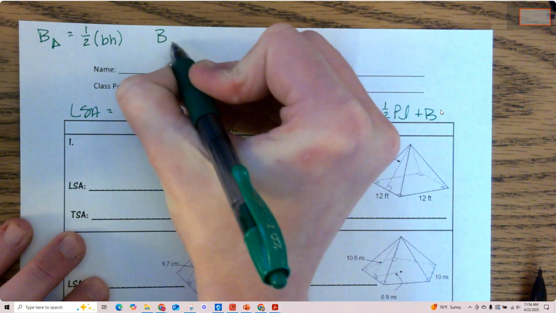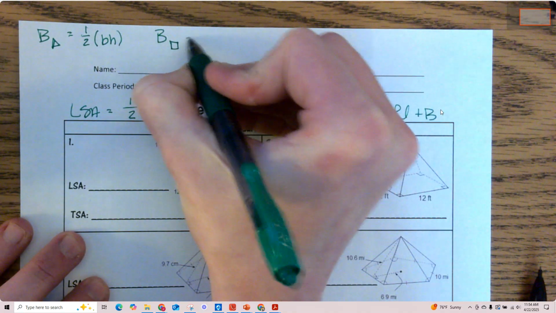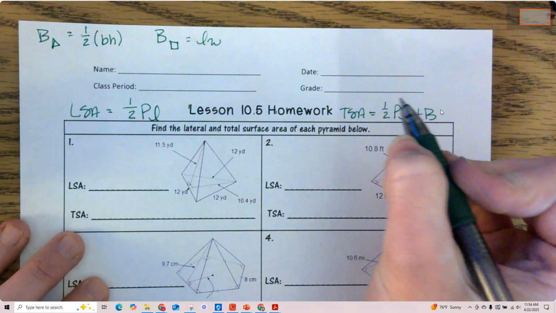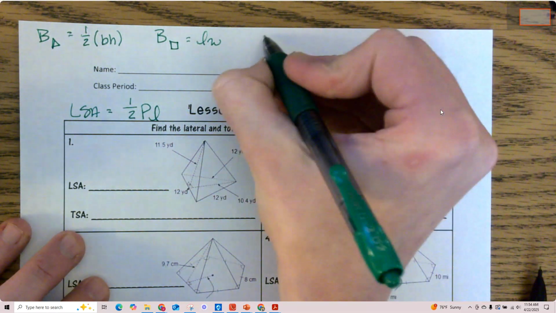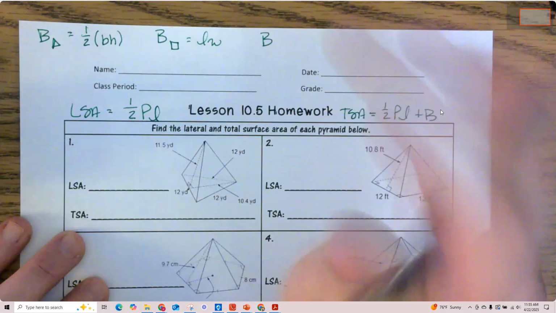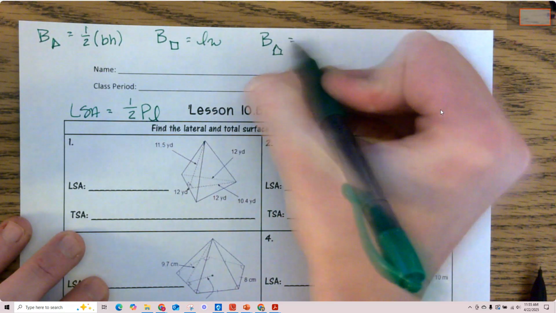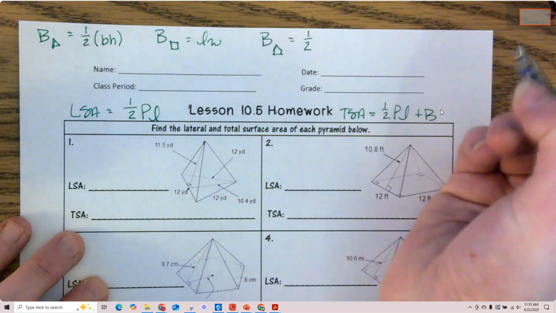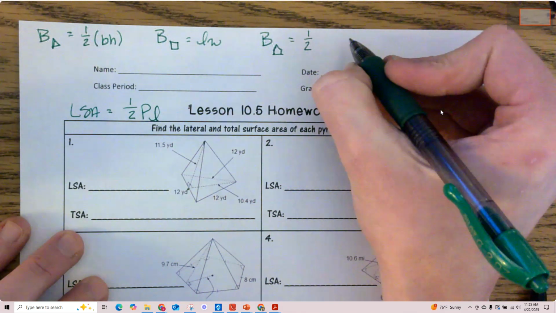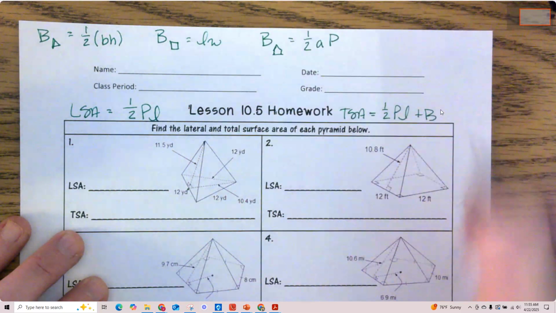If it's a square, we don't do rectangles in these. We can, but we don't do them. It's just going to be length times width. And then if big B is any shape with more than 5 sides, pentagon, hexagon, octagon, I'm just going to do a pentagon, it's going to be 1/2, my brain stopped, little a, big P.